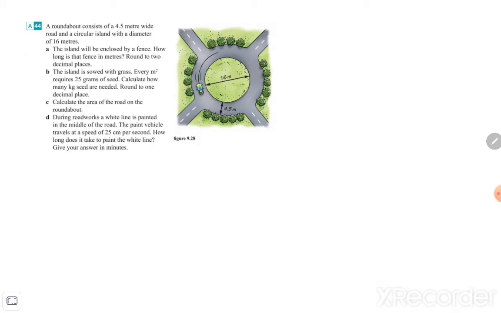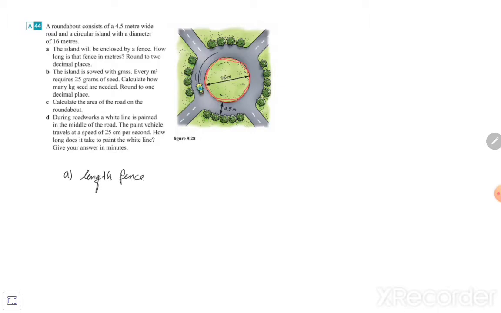I'm just going to draw the fence in red. So there will be a fence around that island. What we need to calculate is the circumference of the island, so the circle in the middle. So with exercise A, the length of the fence.